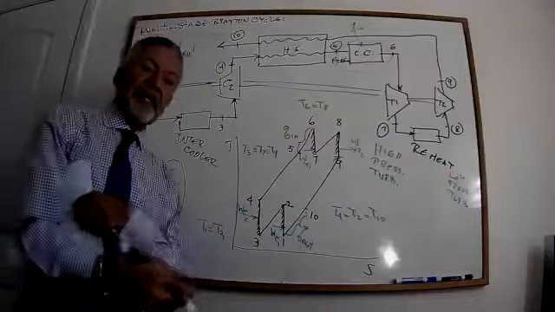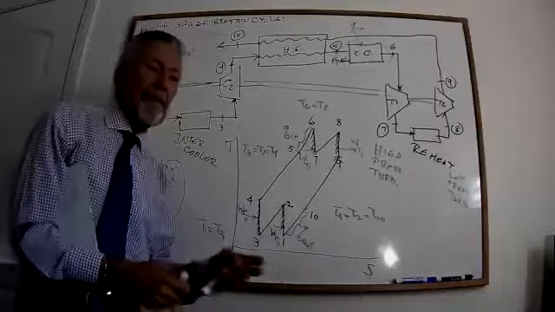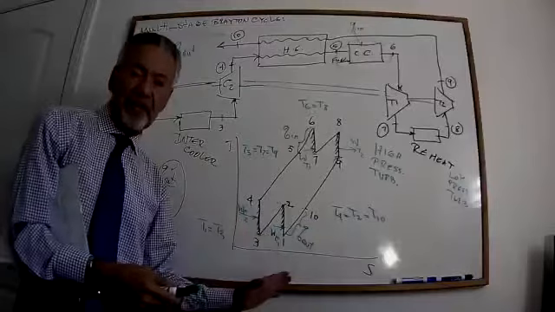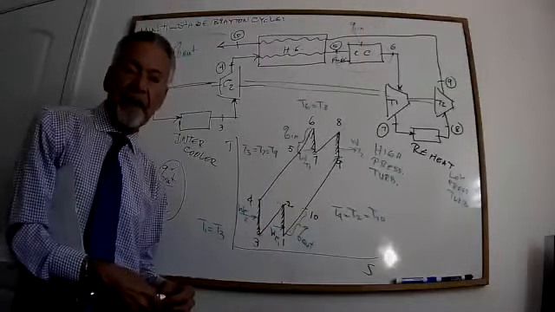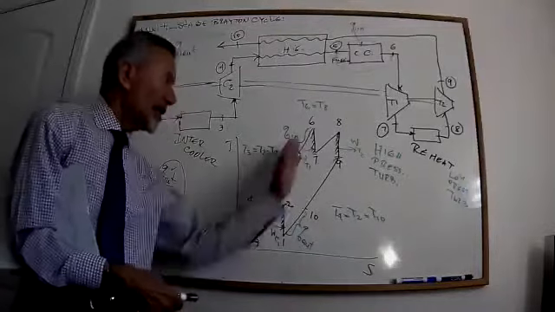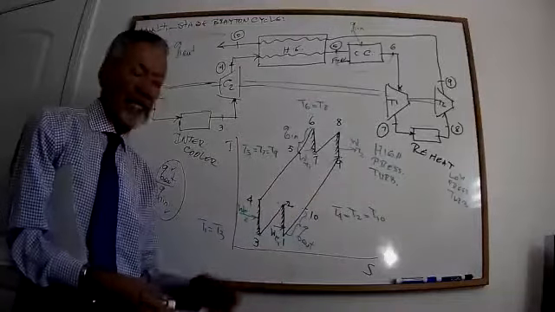Once you understand that this cycle, saying all heat addition, all heat rejection happen at constant pressure, you're home free. Once you have all compression and all expansion isentropic, that's all you need.